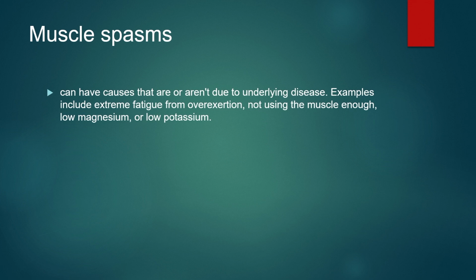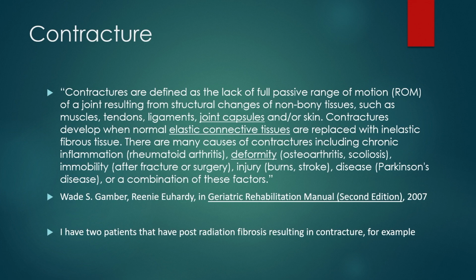Now, we can contrast that with contracture. Contracture is actually a decrease in the range of motion, and that is because the soft tissues are basically foreshortened to the point that you can't stretch them back out, okay?